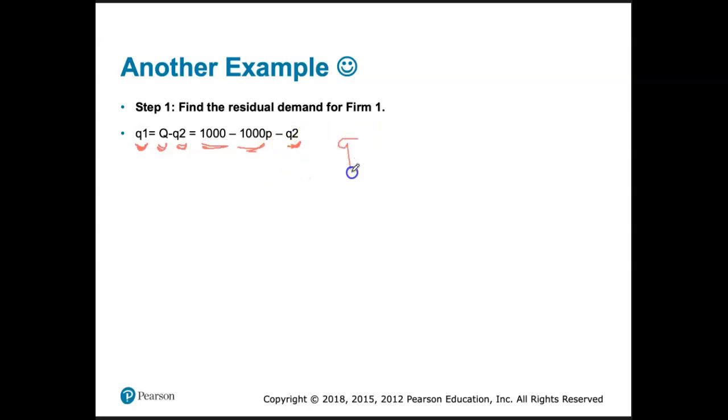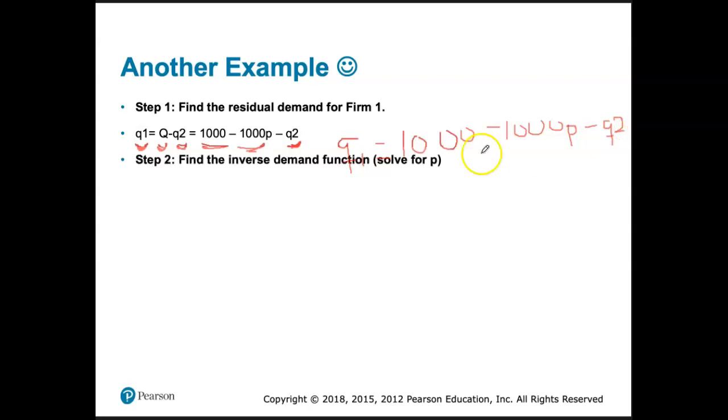So we have Q1 equals 1000 minus 1000 P minus Q2. Step 2, find the inverse demand function. So essentially you solve for P.